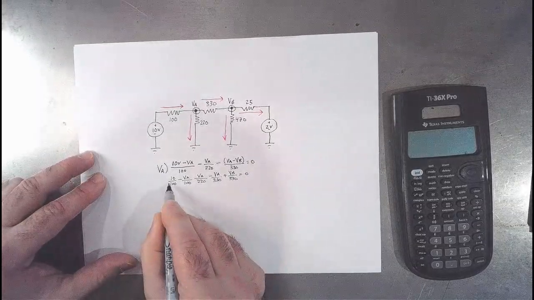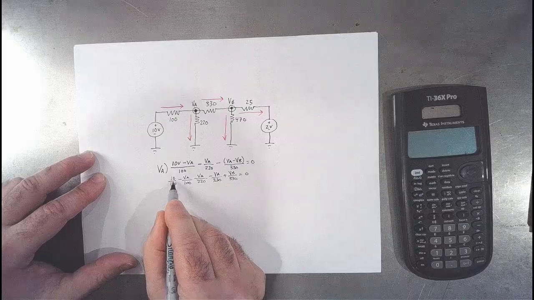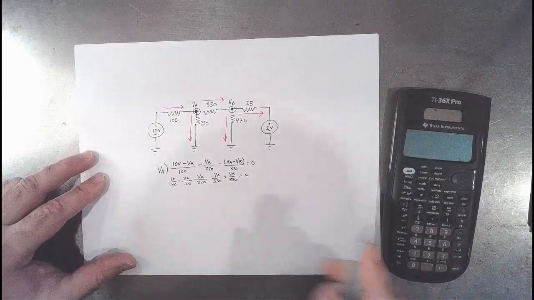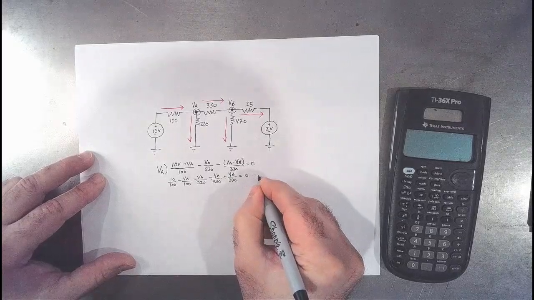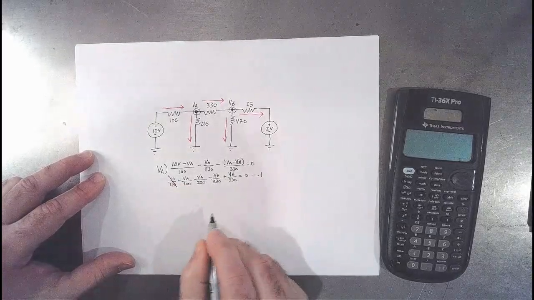I notice this one right here, 10 divided by 100, which is 0.1, is going to go over here. So I'm just going to say minus 0.1, and I'll cross that out.